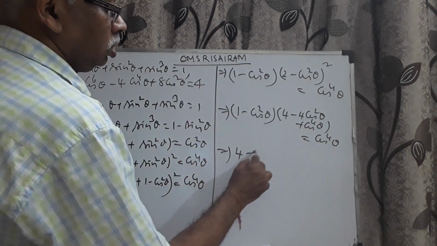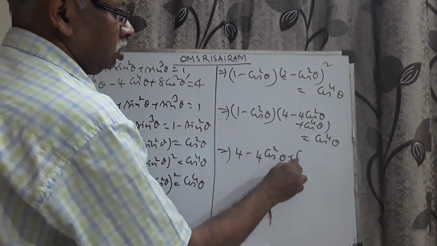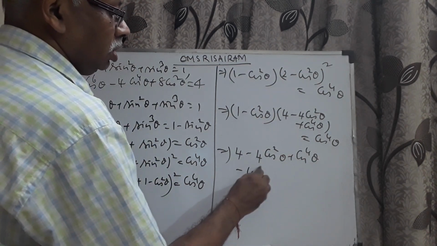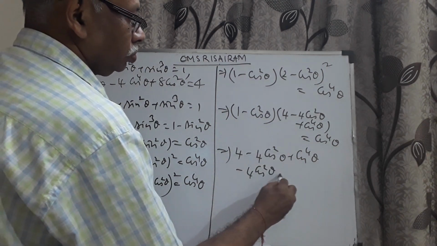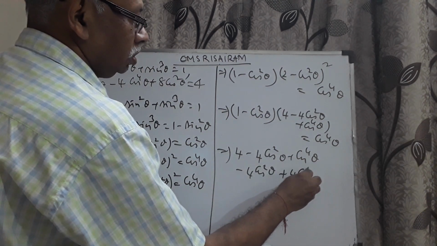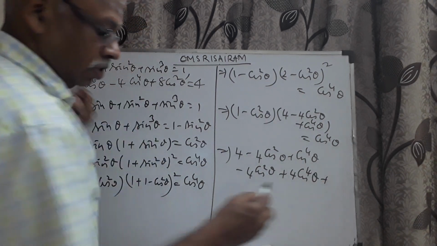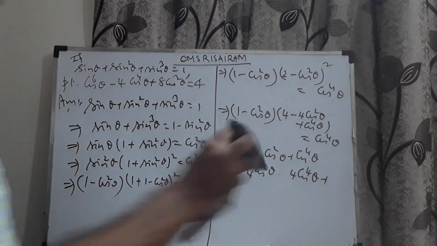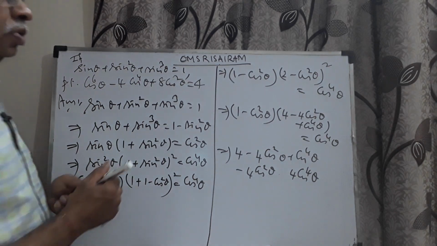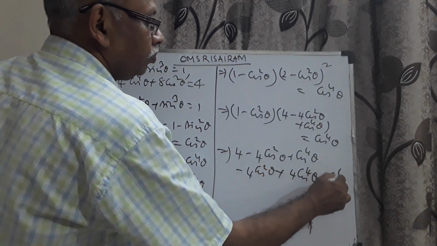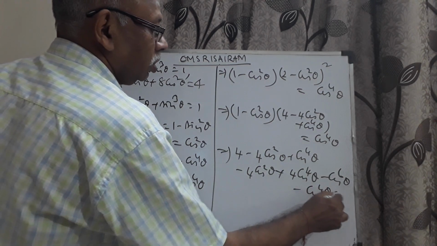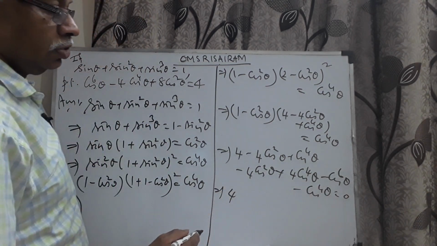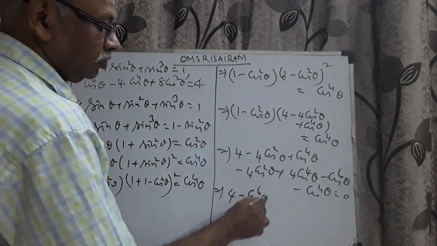I mean to say 4 minus 4 cos square theta plus cos power 4 theta minus 4 cos square theta plus 4 cos power 4 theta minus cos power 6 theta minus cos power 4 theta is equal to 0, which implies 4 minus cos power 6 theta.